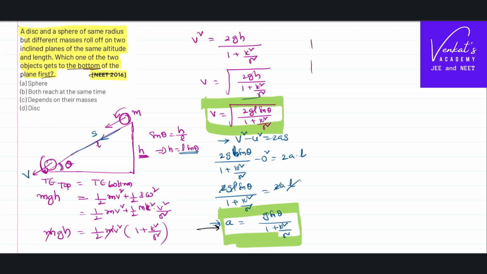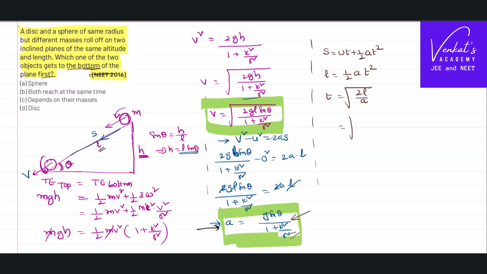From here, we can calculate time quite easily using our regular formula S equal to ut plus half at square. As they're all coming from the state of rest, S distance traveled is L, u equal to 0, so L equals half a t square. So t equal to root 2L by a, where the acceleration equation we have derived already.